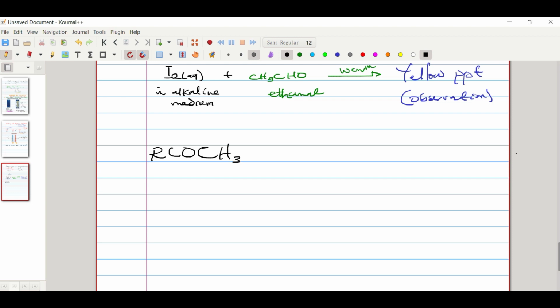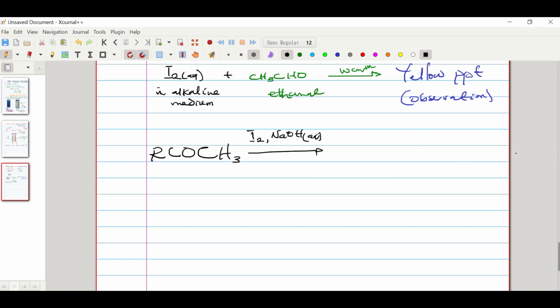We've seen methyl ketone here already. We have iodine in alkaline medium, so we can use potassium iodide. You can use potassium hydroxide or sodium hydroxide as the alkaline medium, NaOH aqueous.